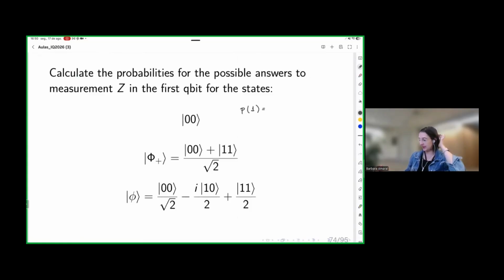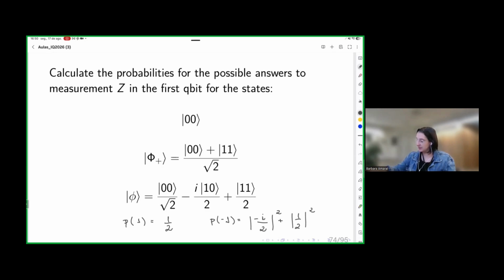And here, let me just talk about the last one, just because I'm running out of time. So the probability of outcome 1 is 1/2, and the probability of outcome minus 1 is minus 3 over 2 squared plus b squared.